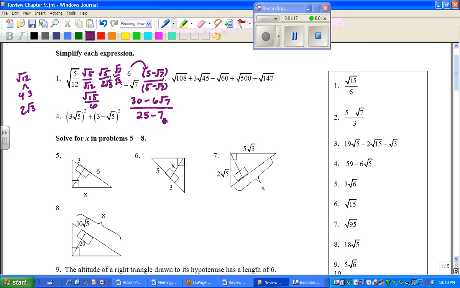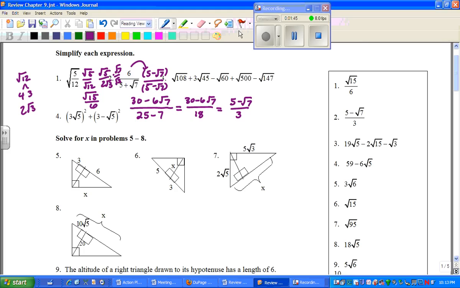And then you got a minus 7. That simplifies to 30 minus 6 root 7 all over 18. We can divide each piece here by 6. So that gives me 5 minus root 7 all over 3.